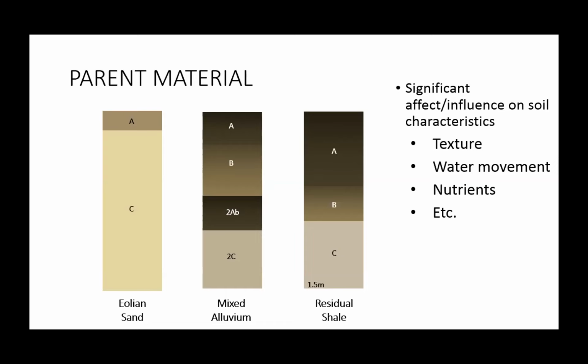But if you have something that's a little more stable, like bedrock, which doesn't really move, I hope, and it's going to break down in place, you get a very general kind of profile. And it can be fairly deep if you're in a humid climate. And again, the type of rock is going to determine how easily it breaks down, what kind of texture it has.